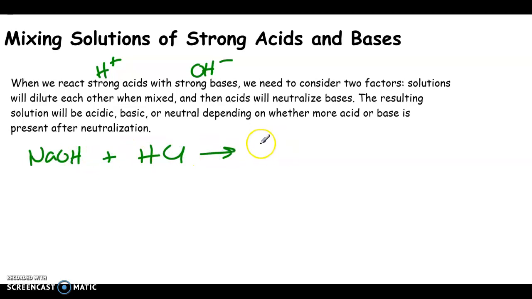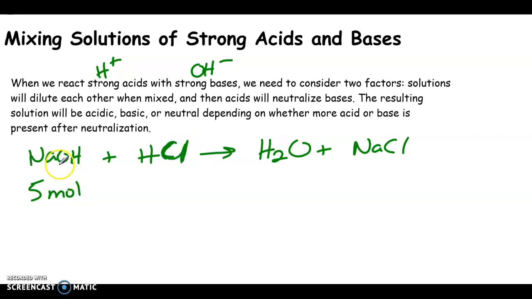Okay, and we're only dealing with strong acids and bases in this section. So let's say we had 5 moles worth of NaOH, and I'm only going to refer to moles here because if I did moles per liter, for us to determine the products, we would have to consider the dilution effect, right? But by looking at moles, I'm just looking at essentially the number of particles.